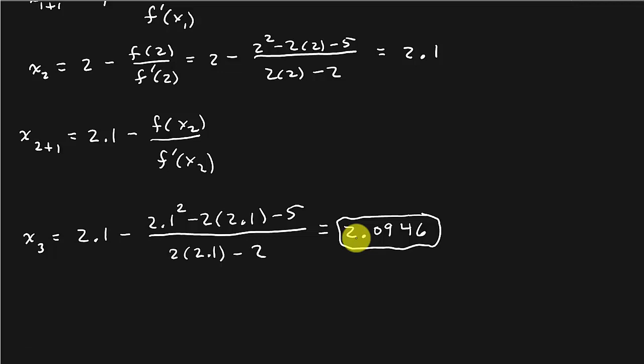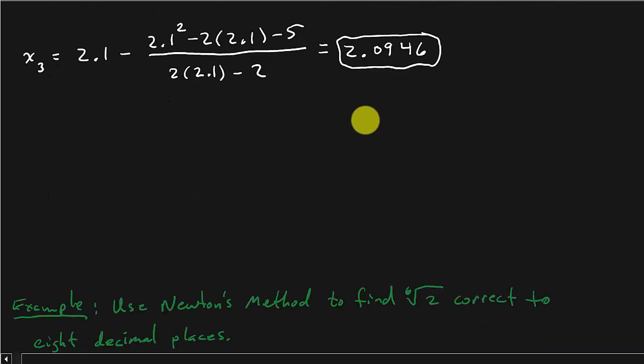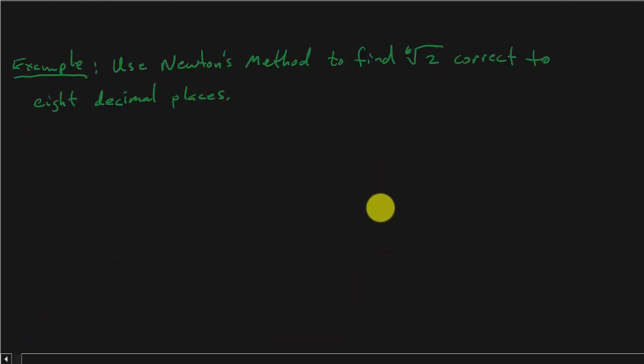And actually, it turns out that this solution here is accurate to within 4 decimal places. All right. So you can see we just found the third iteration. We found x of 3, and that got us pretty close to the solution.